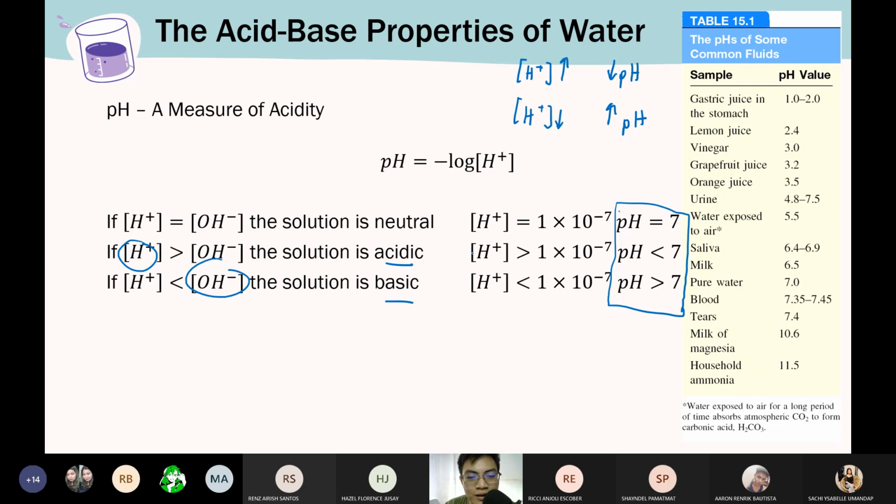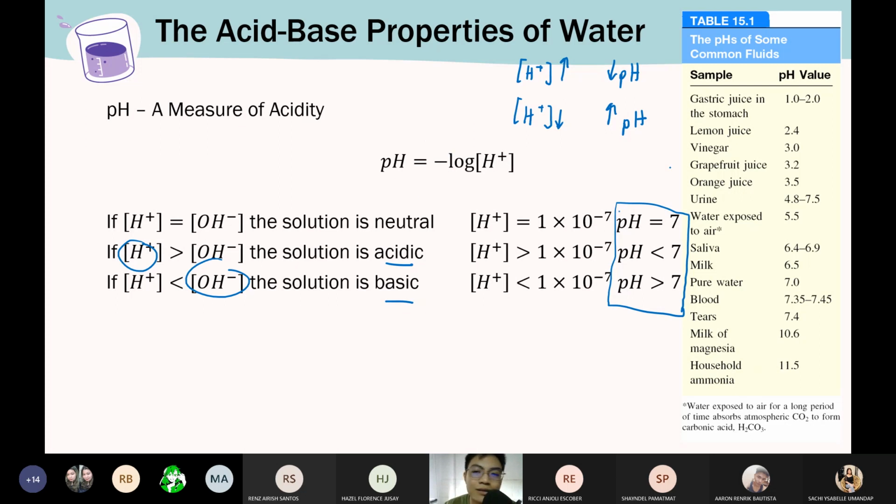Acidic, if you have lower pH, pag mababa pH, mataas ang H plus concentration. Pag basic, mababa ang H plus concentration, mataas ang pH. The reason behind that inverse trend is the negative sign.